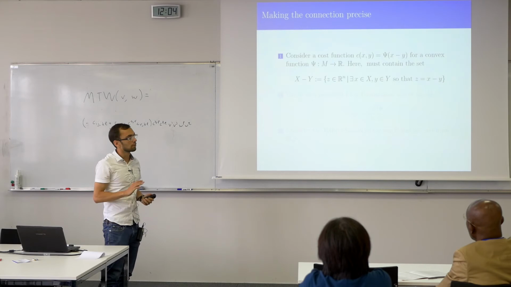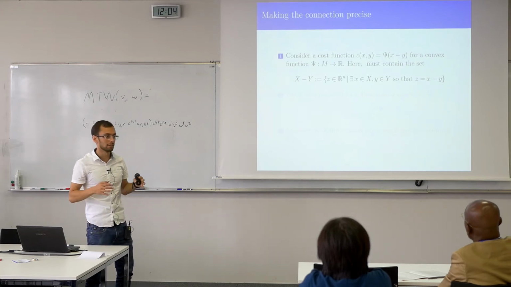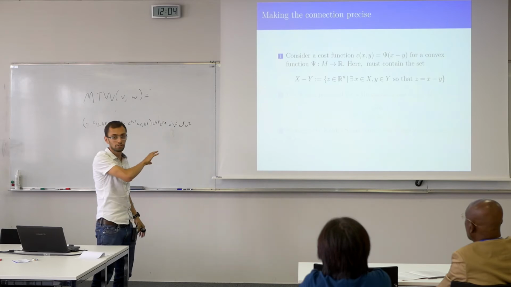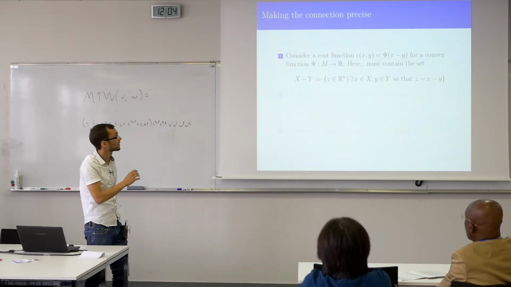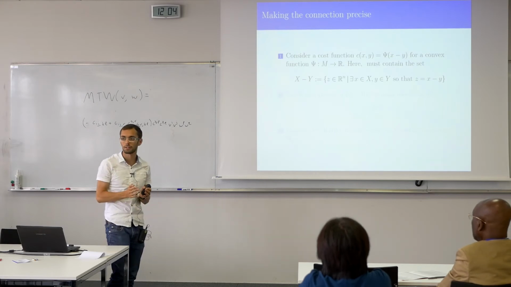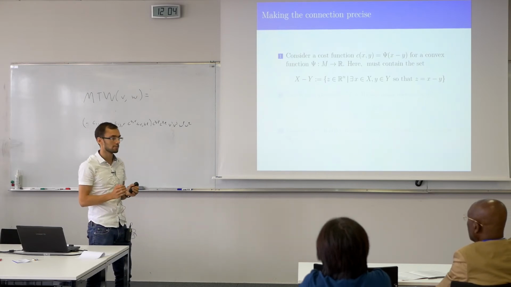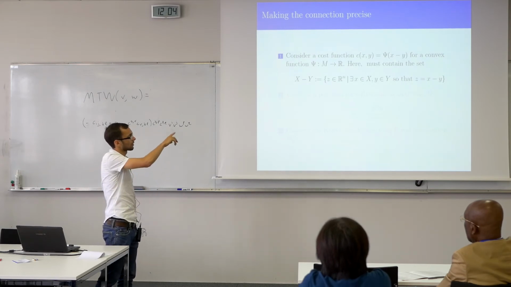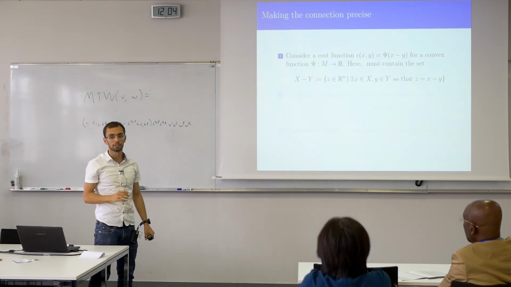Okay. So what we're going to need to do to make this relation between optimal transport and the curvature of the Sasaki metric precise is to consider a special class of cost functions. We're going to consider cost functions of the form C of x minus y for a convex function.